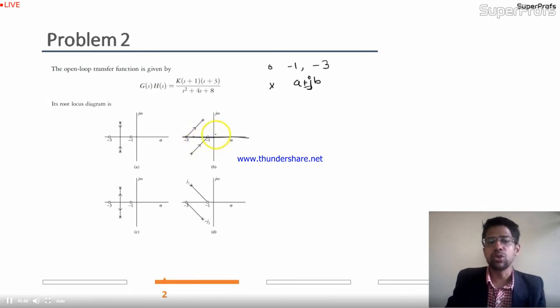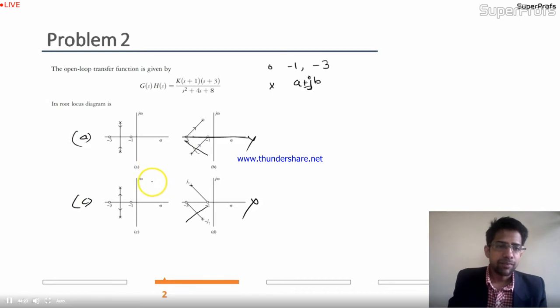So root locus is symmetric across the real axis, and hence both these diagrams are not valid. If this were symmetric, the diagram would be like this, and in this case the diagram would be like this. But the diagram is not symmetric, hence this is not the answer and this is not the answer, as these complex roots are not just below each other, they occur in pairs. That means the answer is either A or C.